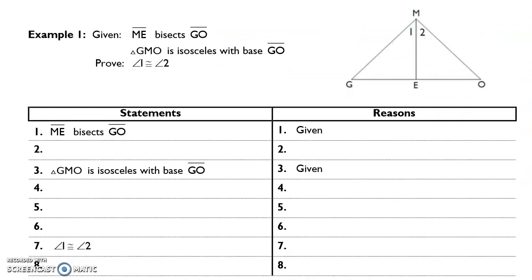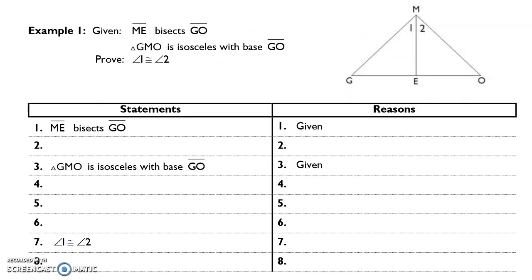Now let's look at a couple proofs. So I got this one started. We know that ME bisects segment GO. So that means segment GE is congruent to segment EO, because bisect implies two congruent segments.